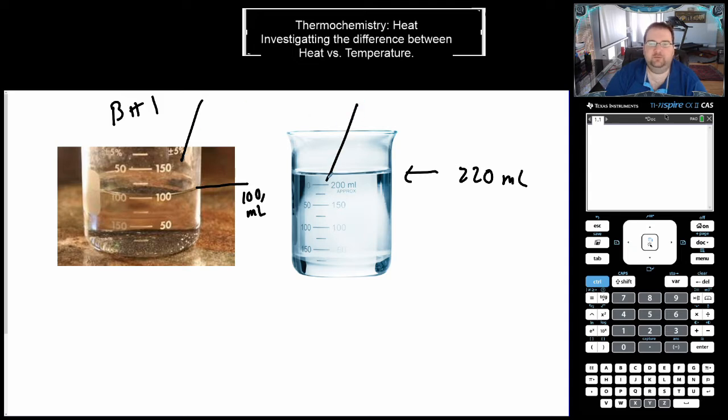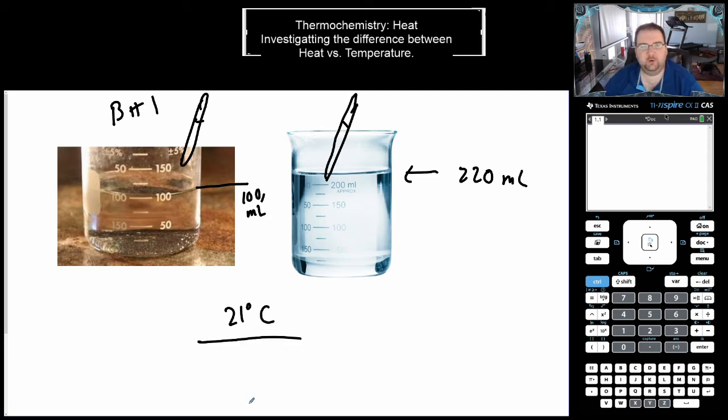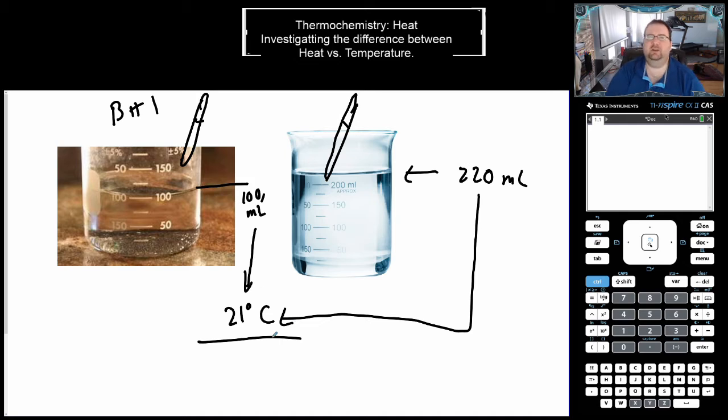I'm not going to do fancy drawings here. I put in my temperature probe, and they read out at exactly the same temperature. That temperature is 21 degrees Celsius, and that's because it's just sitting on my table in my room, at room temperature. So we have 1 beaker with 100 milliliters of water at 21 degrees Celsius, and we have another beaker with 220 milliliters of water at 21 degrees Celsius.